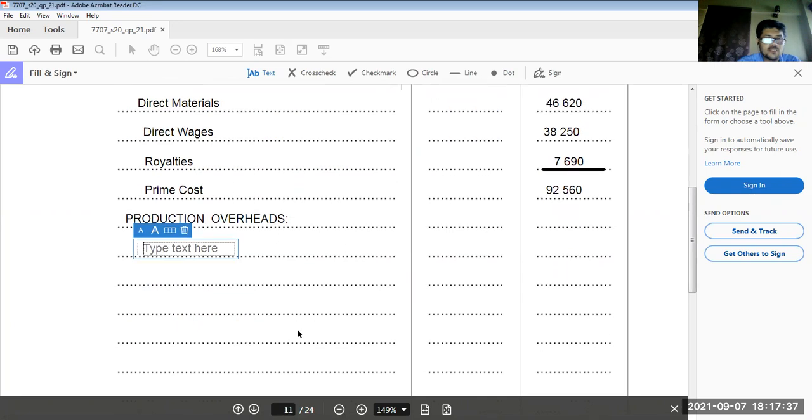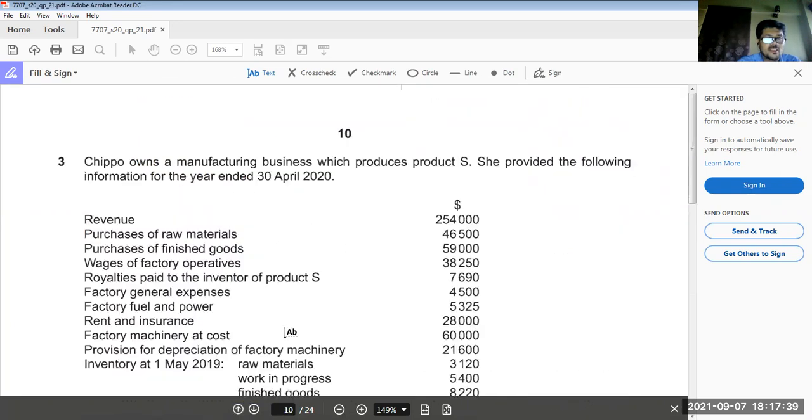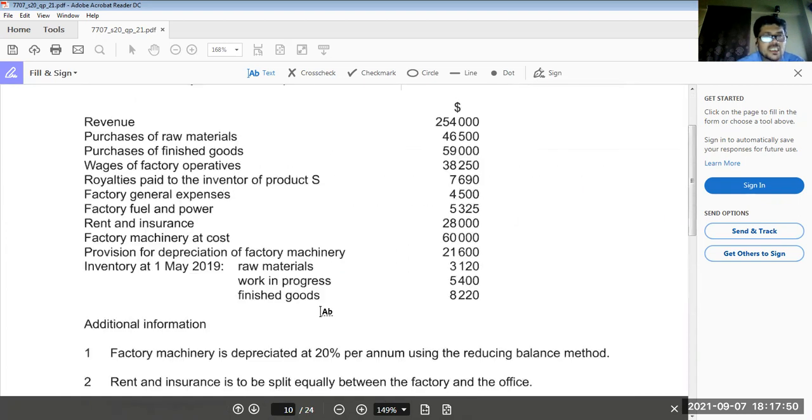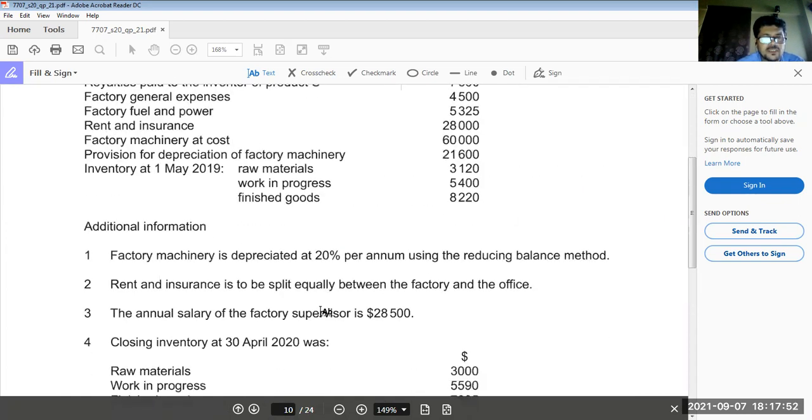Now what are the overheads available? Factory general expenses, factory fuel and power, rent and insurance of factory, factory machinery depreciation, and rent and insurance, which we have to split or apportion, and the annual salary of the supervisor. Okay.